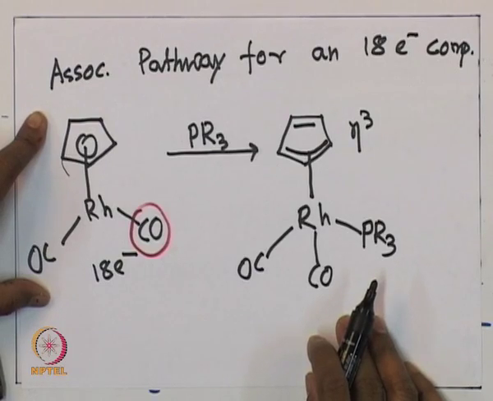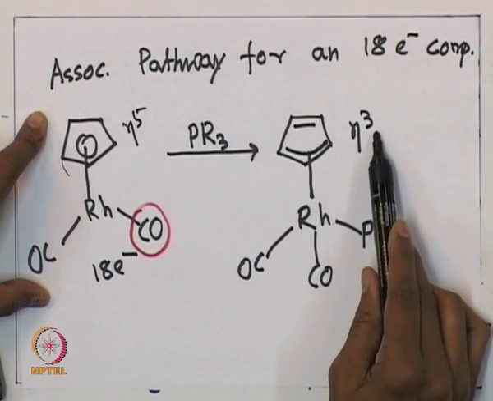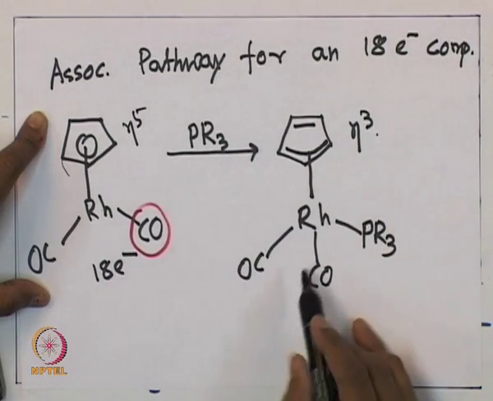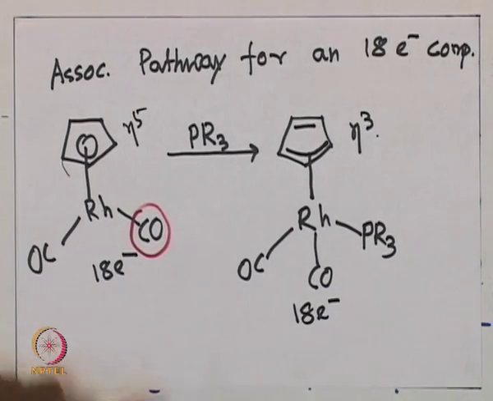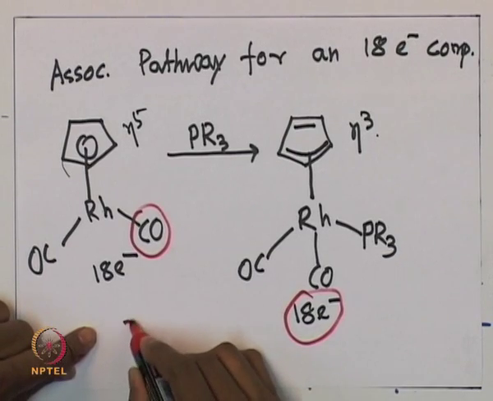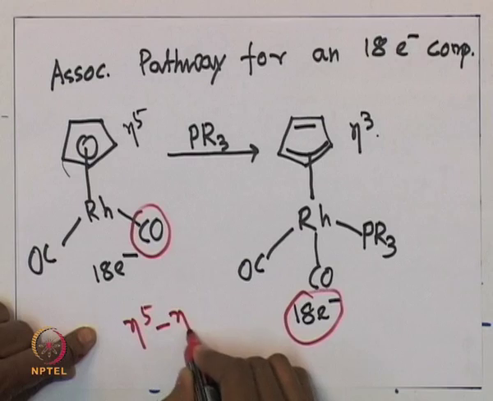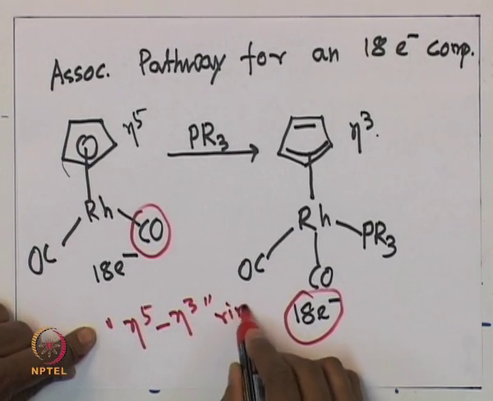Now, you do the electron count from eta 5, you have eta 3, overall you will see again an 18 electron complex formation in this case as well. So, this process you can call an eta 5 eta 3 ring slipping.